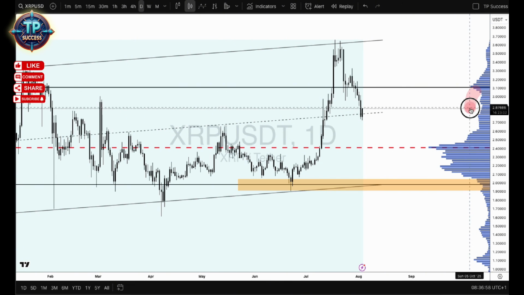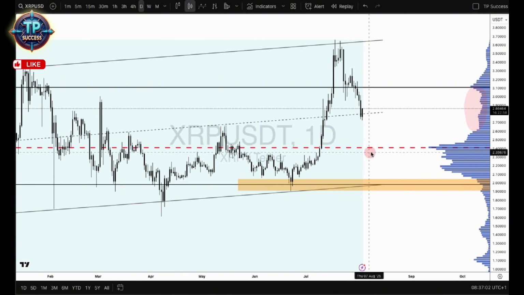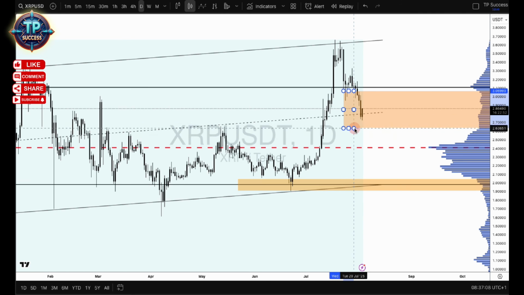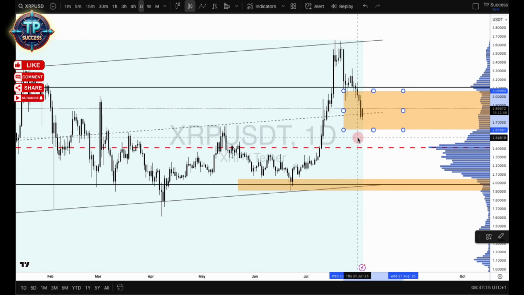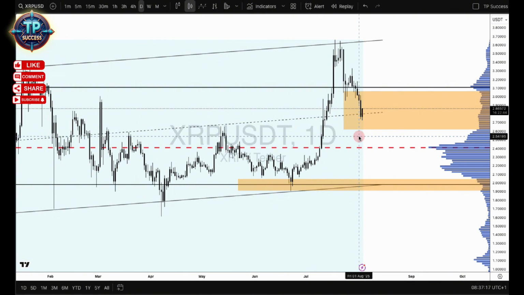Now, this whole area here is a low volume node, right? This whole area over here is a low volume node. As a matter of fact, let me just draw that out. Okay, now price could bounce back up to the upside, and if it was to do that, then this is what we'll be looking at.